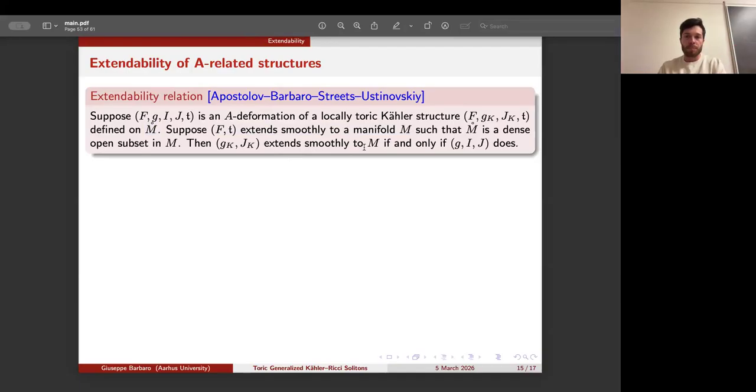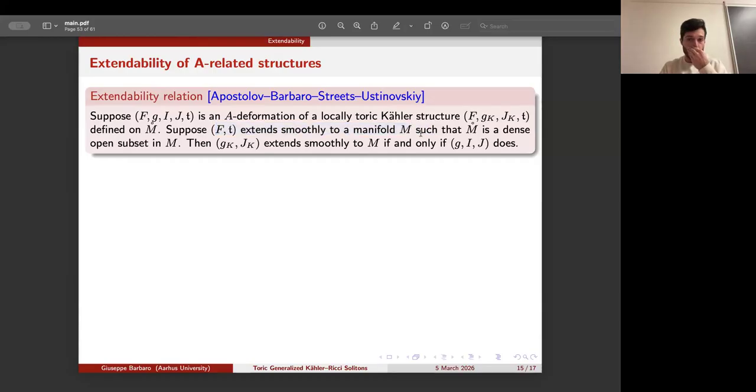So let's put it another way: we have this Kähler and generalized Kähler linked by this A deformation on our open dense subset. And we know that we can extend one if and only if we can extend the other. But for having this condition, we really need the symplectic structure to be defined on the whole manifold.